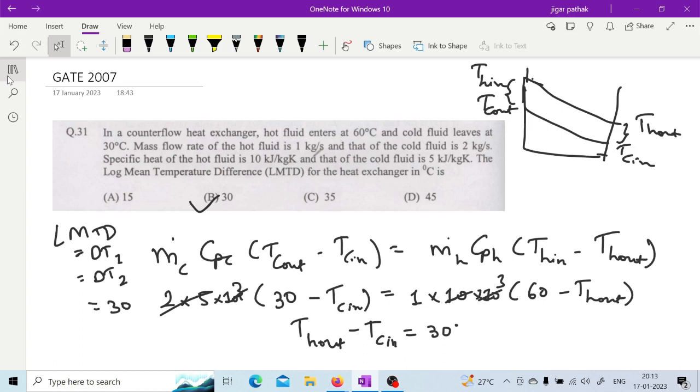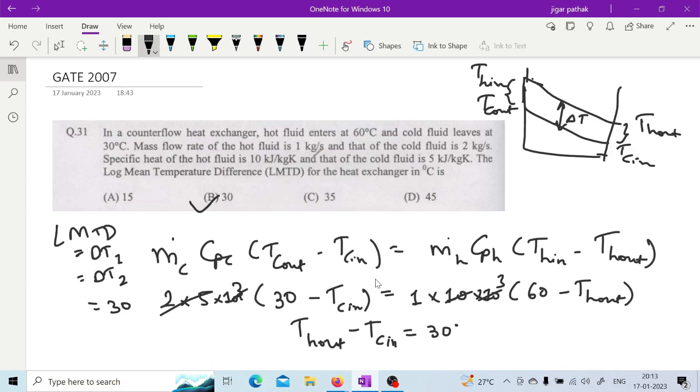I didn't get what you are telling. Means here whatever LMTD we are getting, is it equal to the change in either hot fluid temperature or change in cold fluid temperature? Actually, it is the mean temperature difference throughout this heat exchanger, this delta T, right?